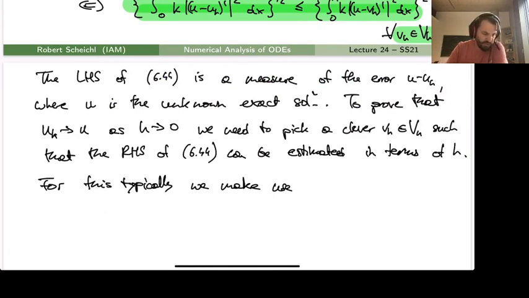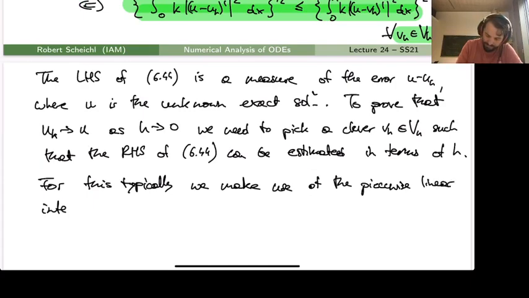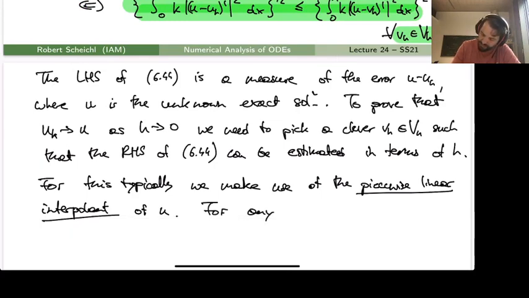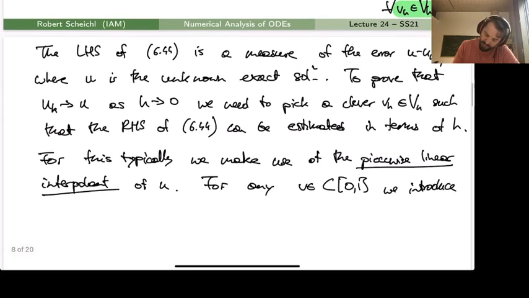So we make use of the piecewise linear interpolant of the exact solution u. So for any continuous function v on 0, 1, we can introduce, I call it pi h v, for the interpolant, and it's simply the sum i equals 1 to n.